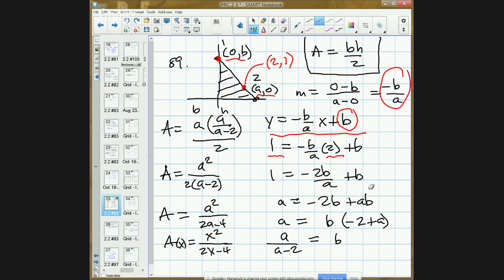And then so that I could simplify this a little bit, I multiplied both sides of this equation right here by a, giving me this. And then I solve for a.